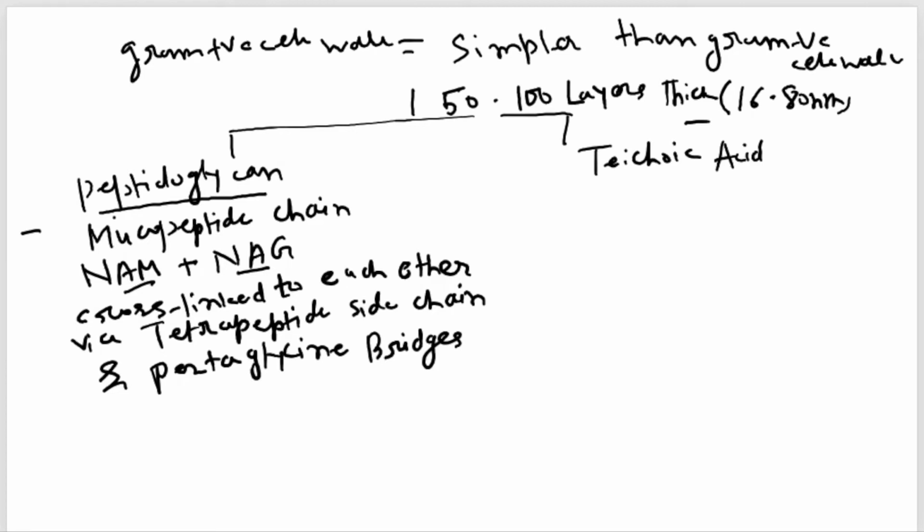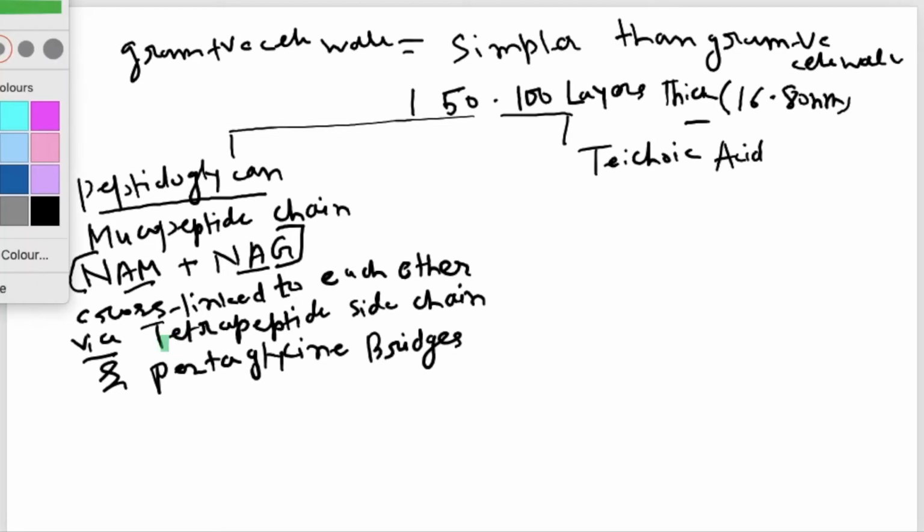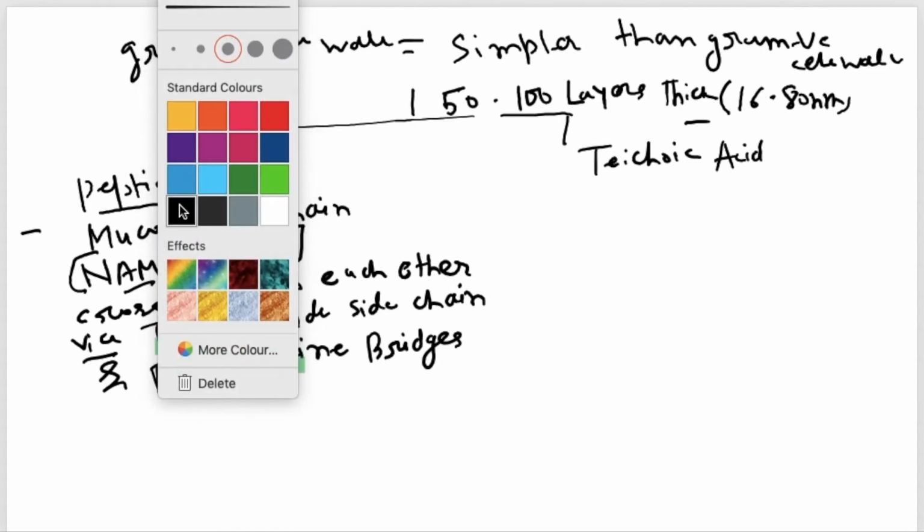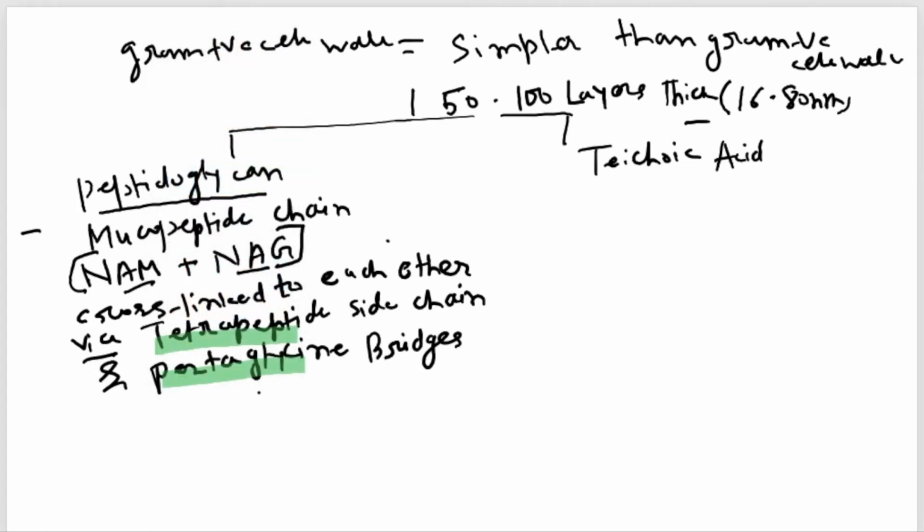It is a mucopeptide chain which consists of alternating units of N-acetyl-muramic acid and N-acetyl-glucosamine, cross-linked to each other via the tetrapeptide side chain and the pentaglycine bridges. The tetrapeptide side chain ascends from the NAM molecule.